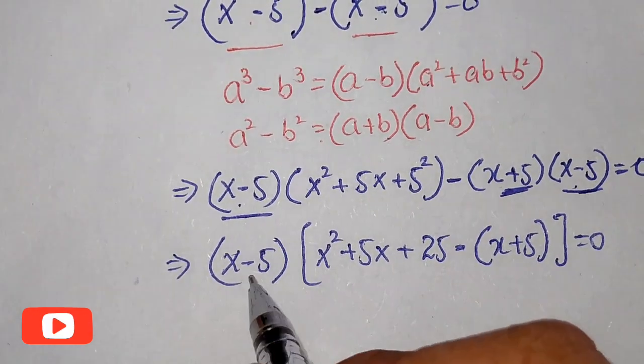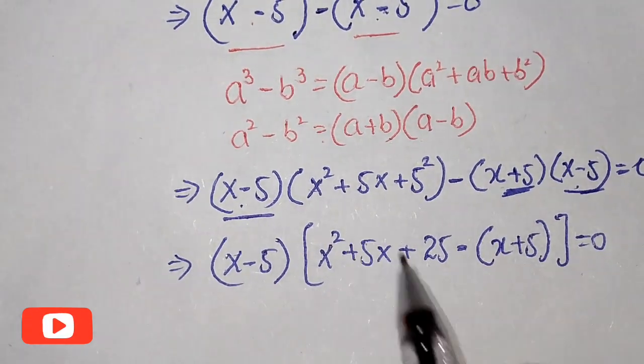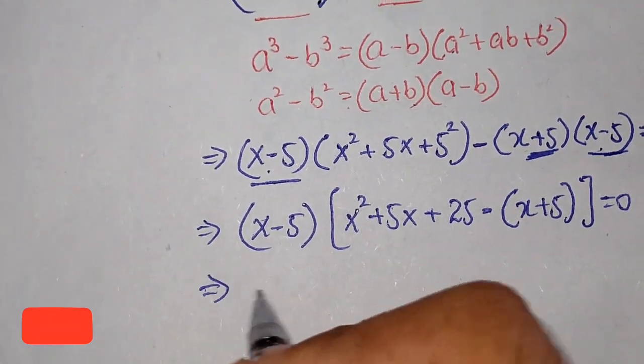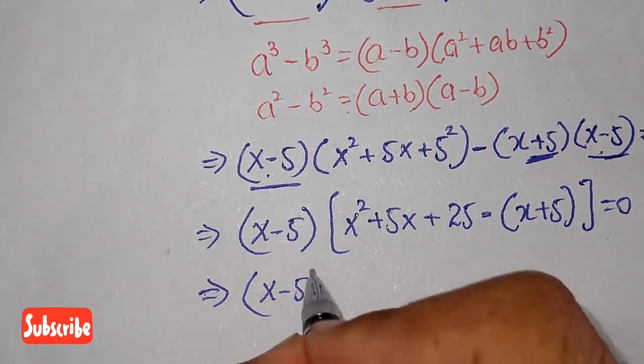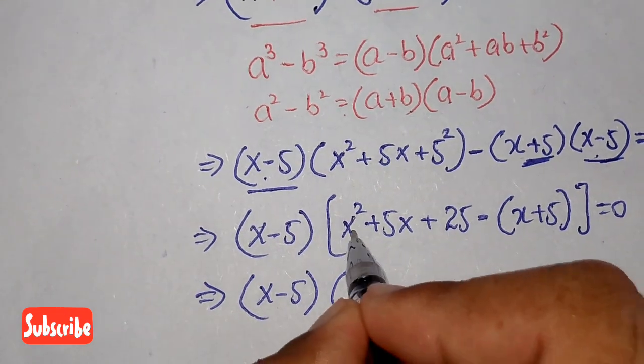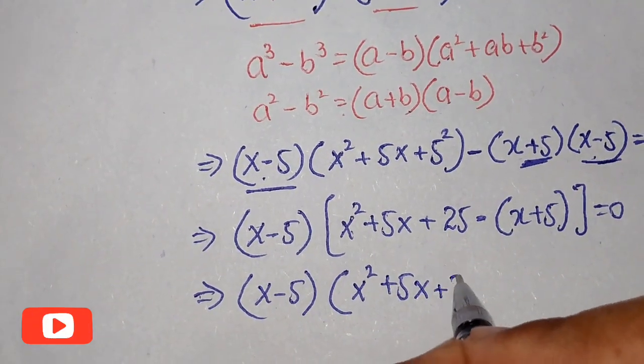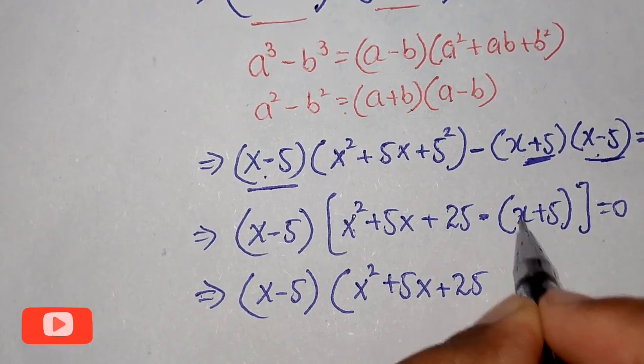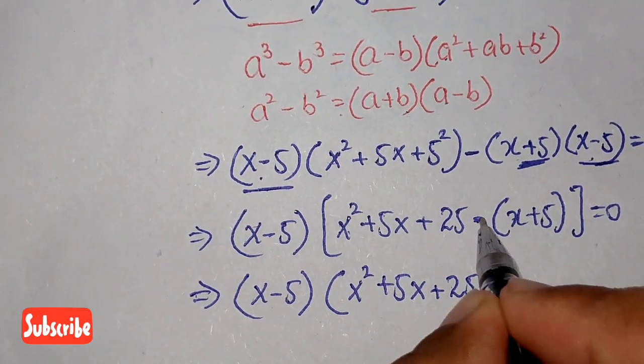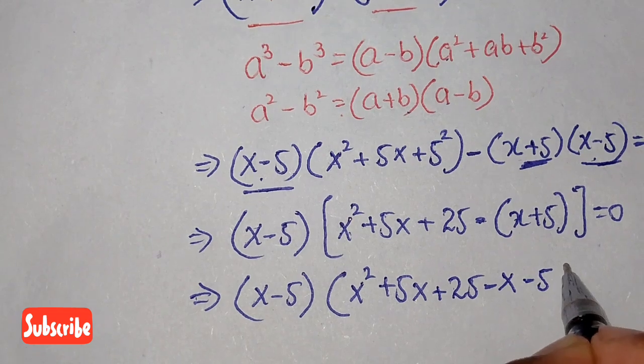Now in the next step, x minus 5 times x square plus 5x plus 25 minus x minus 5, and this is equal to 0.